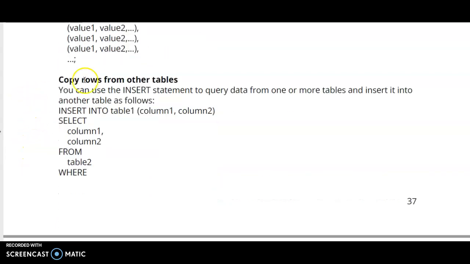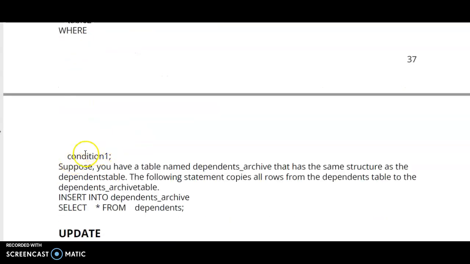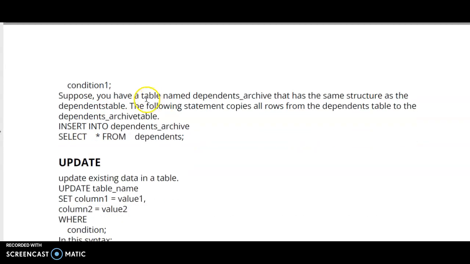Here is copy rows from other tables. You can use the insert statement to query data from one or more tables and insert it into another table as follows: insert into table 1, column 1, column 2, select column 1, column 2 from table 2 where whatever the conditions. Okay. Suppose you have a table named dependents archive that has the same structure as the dependents table.